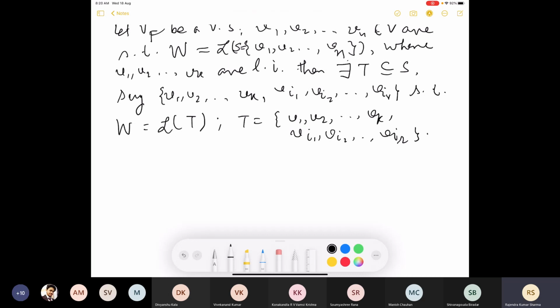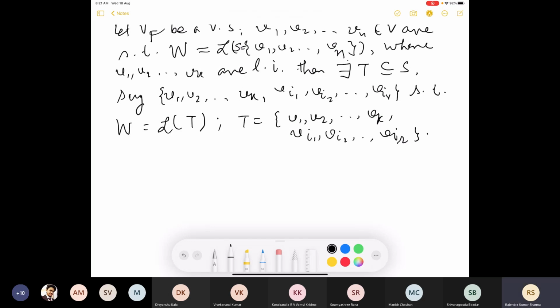The linear span of V1, V2, Vn is W. And out of these n vectors, suppose V1, V2, Vk are linearly independent, then we can find out a subset, say T of S, which consists of V1, V2, Vk, and a few more, say Vi1, Vi2, Vir if needed, such that T still spans this subspace W.